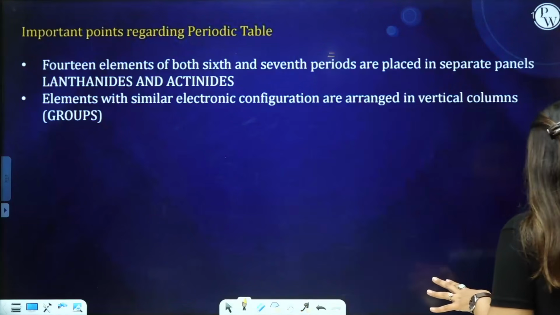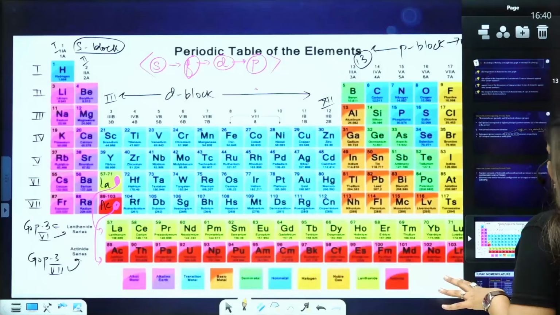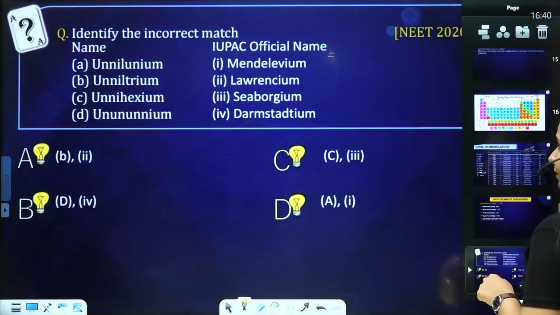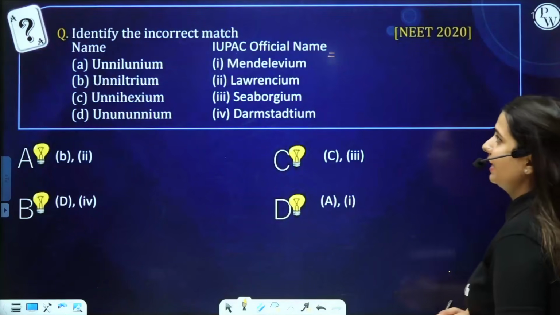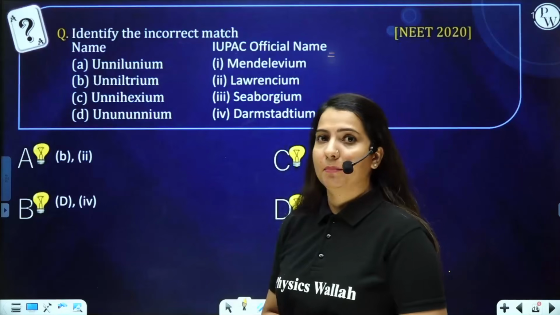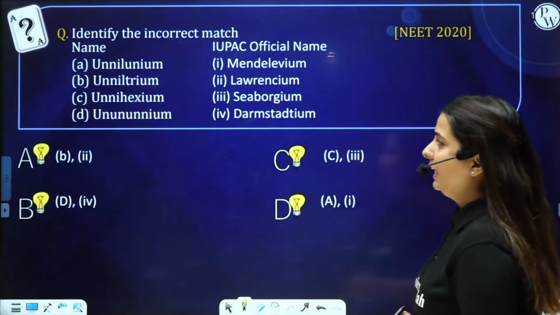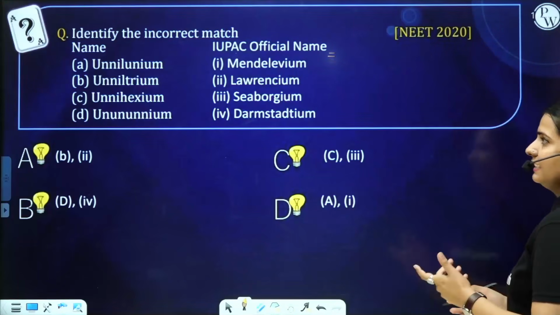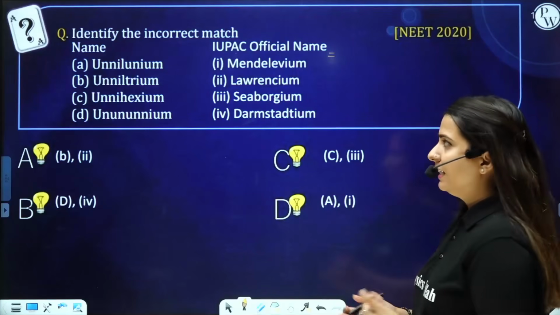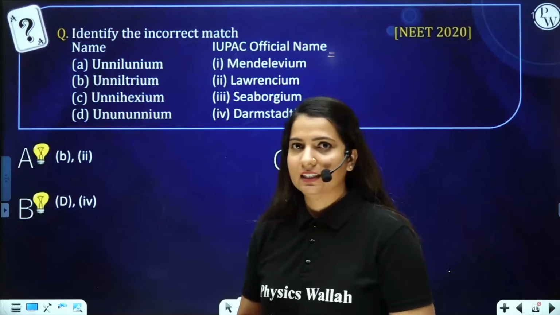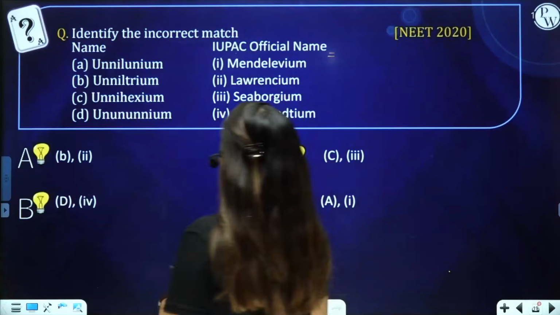Okay. After that, next we have a question. Identify the incorrect match. Name, unnilunium. So what is the name for it? You can see from the table and answer. What is the number associated?